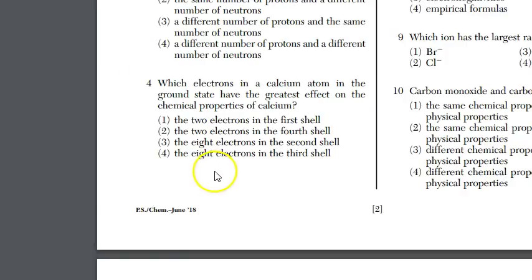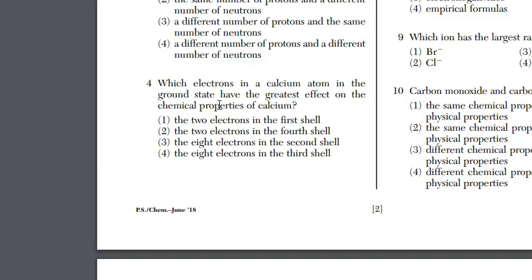With question 4, we're asked about electrons in a calcium atom in the ground state that are going to have the greatest effect on the chemical properties of calcium. For any atom, it's the outermost electrons that are going to have the greatest effect. So we need to go to the periodic table and look that up for calcium.